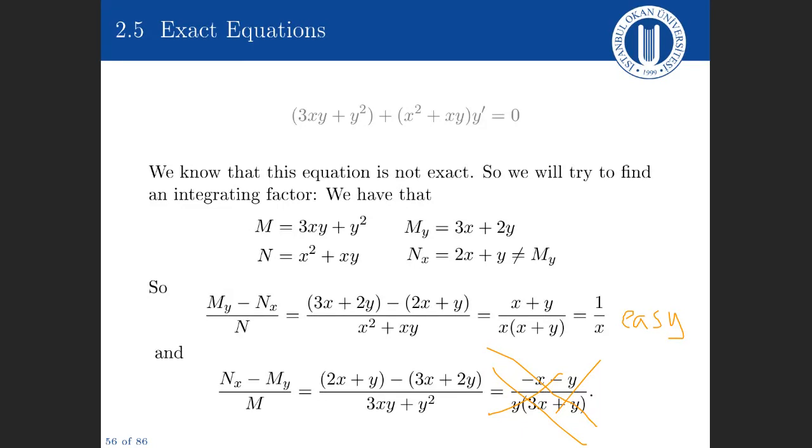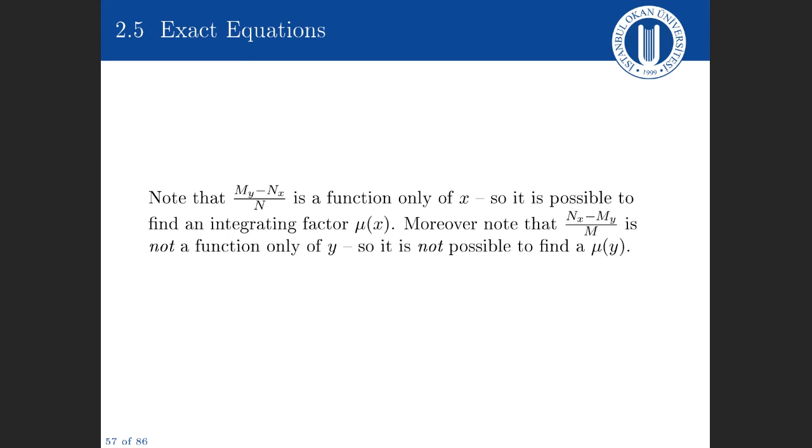We're going to be using (my minus nx) over n is equal to 1 over x. Because this is a function only of x, it's going to be possible to find an integrating factor mu of x. Because the second one, (nx minus my) over m, is not a function only of y, it's not possible to find a mu of y.